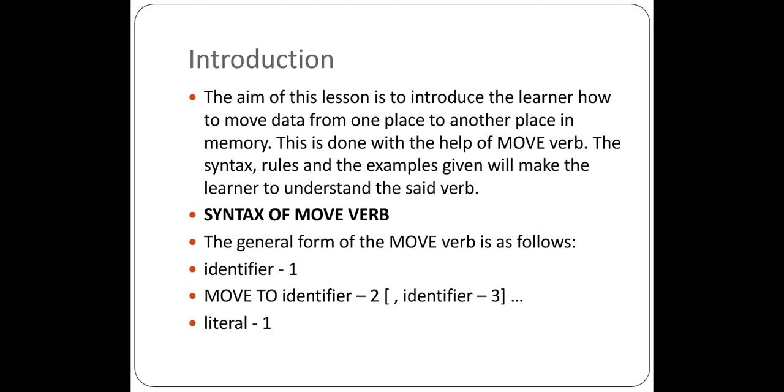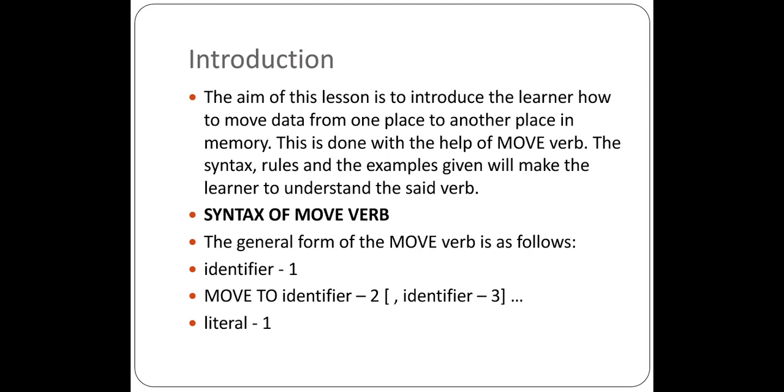Using the verb named MOVE, which we call the data movement verb. Technically speaking, we use the term identifier, so we move the value from one identifier to another identifier using the MOVE verb.